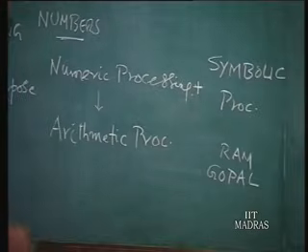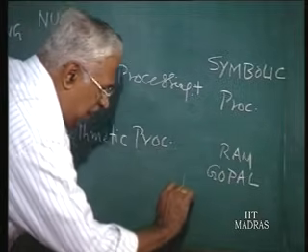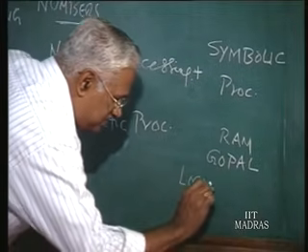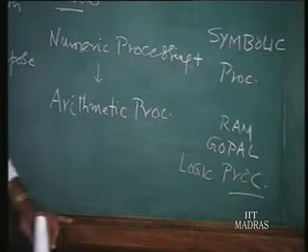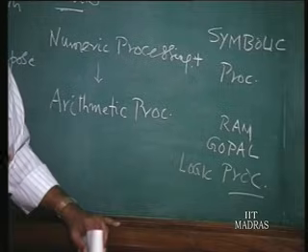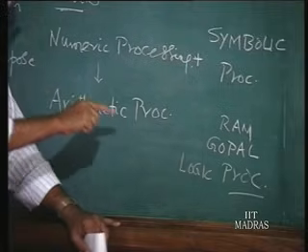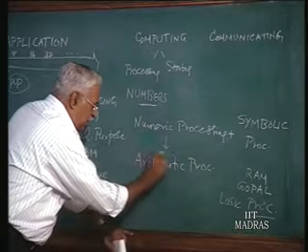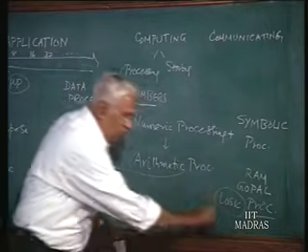Now, this symbolic processing needed what we may call logic processing, mainly because this kind of processing does not involve numbers, but one has to carry out some logic processing on these symbols. So, essentially it is the arithmetic processing and the subsequent logic processing.